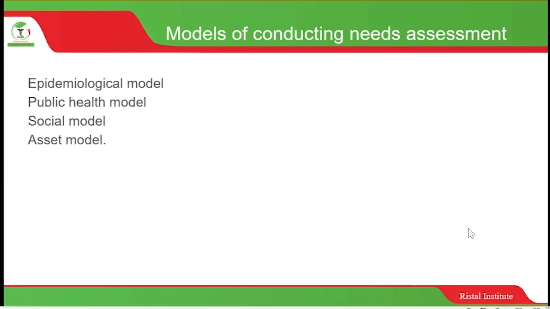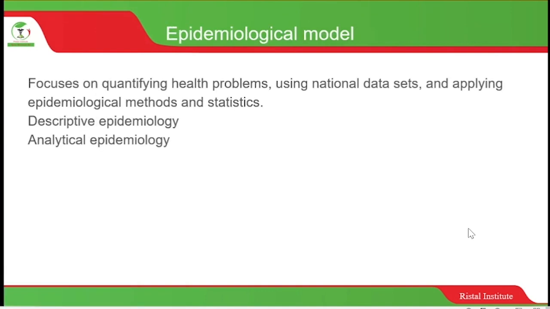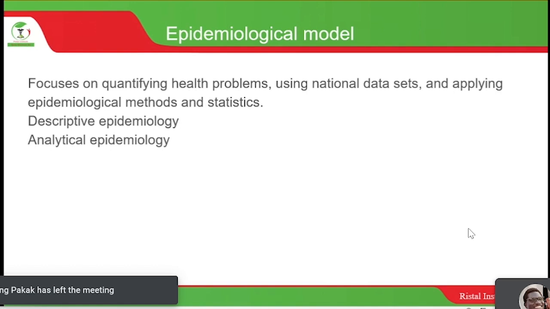You can research about the models of conducting the needs assessment. That is the epidemiological model, public health model, social model, then asset. For epidemiology, this one will just focus on the problems of health, using national data sets and applying epidemiological methods and statistics.